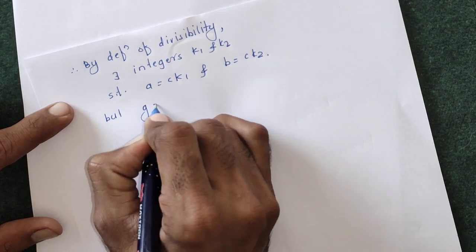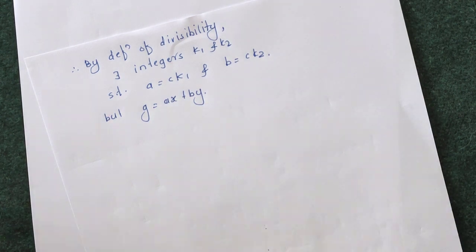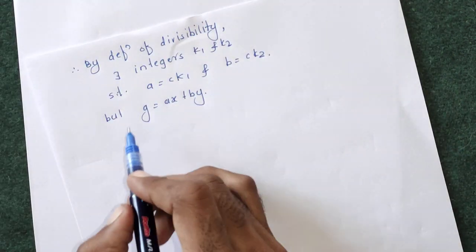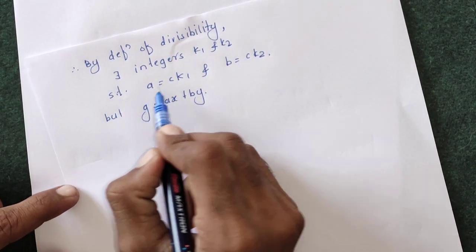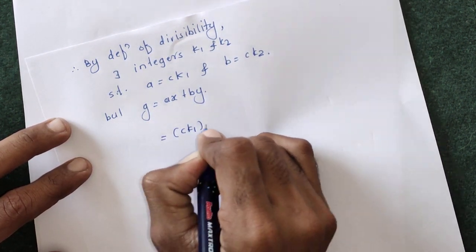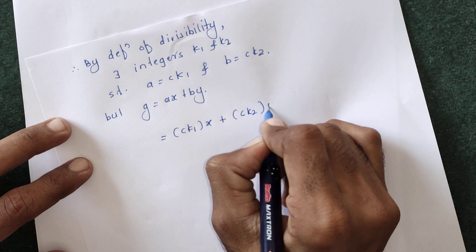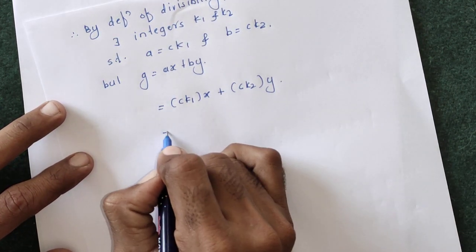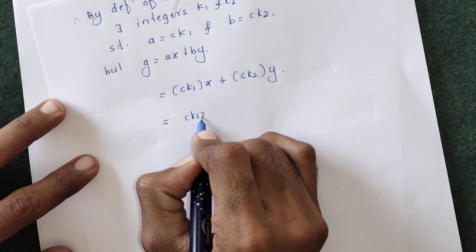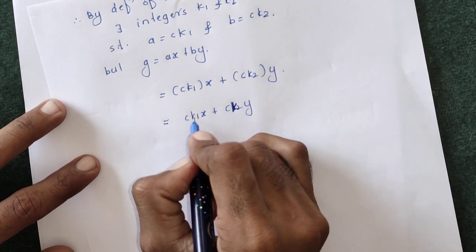But G is equal to Ax plus By, this equation we have derived. Putting the values of A and B here, we get A is equal to Ck1 into x plus B is equal to Ck2 into y, which is equal to Ck1x plus Ck2y.